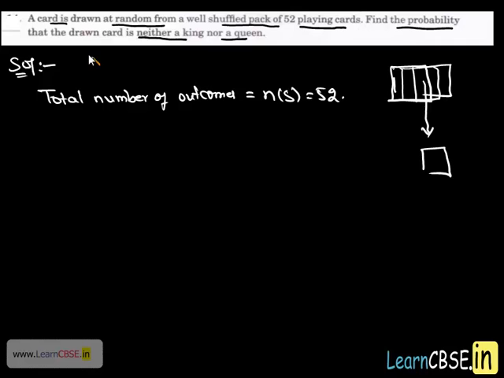Here, to find the probability that the drawn card is neither a king nor a queen, we first find the probability that the drawn card is a queen and the probability that it is a king. To do that, we have 4 kings and 4 queens in a pack of 52 cards.